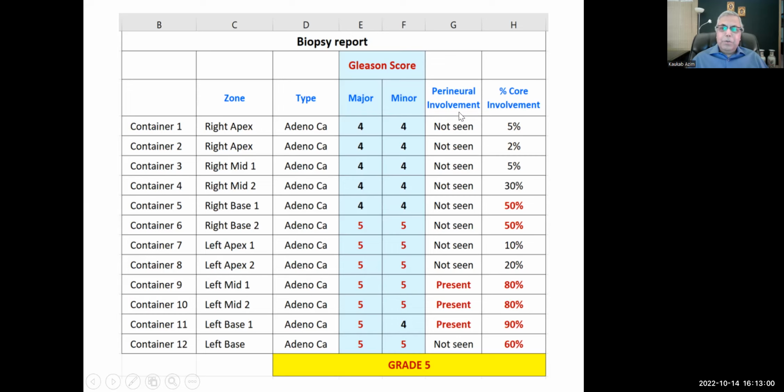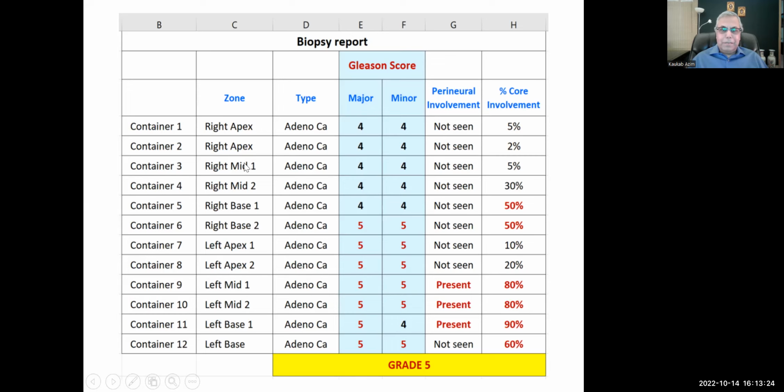But see, perineural involvement, the involvement of the nerves, he's seeing in 3 of the cores. And notice another thing, what he's observing is that the cancer is more predominant in the basal and the mid zone regions, right? The apex regions are not involved that much.